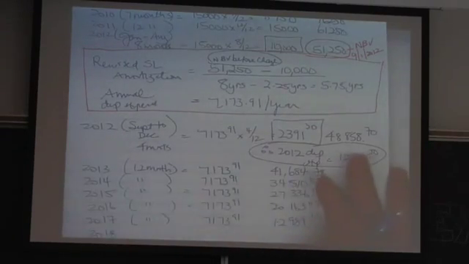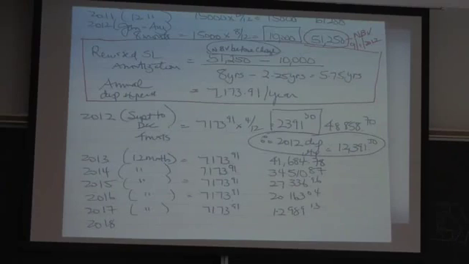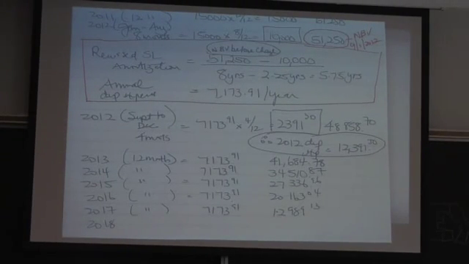Now 2018: remember we bought the asset on September 1st, which means we have only 5 months to amortize this asset.